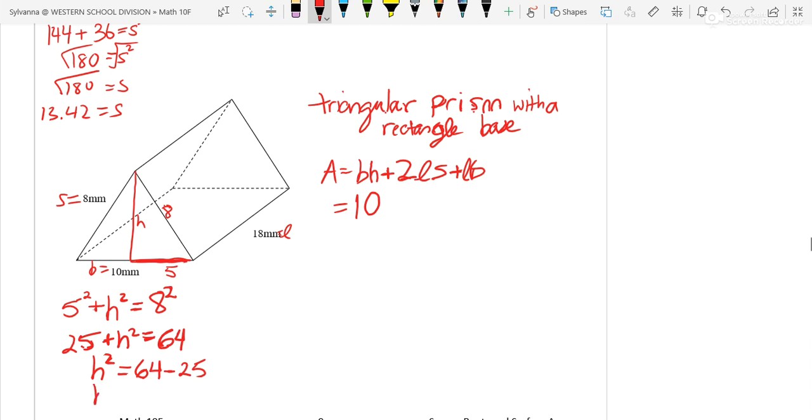This is 39. But I want h, so I have to take the root of both sides. If I plug in to see what the root of 39 is, that will give me 6.24. So we know that h is 6.24.